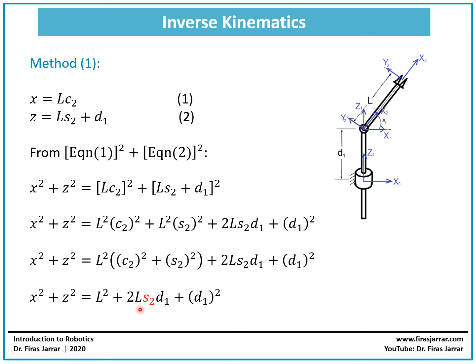Remember that X and Z and L are all constants in the inverse kinematics problem. X and Z are the coordinates of the desired point for the end effector, and L is a physical dimension, the length of link 2. So how to proceed? We're going to take this equation to the next slide.